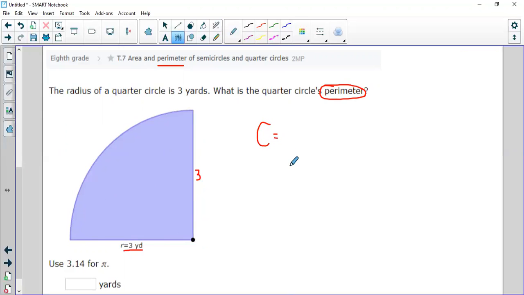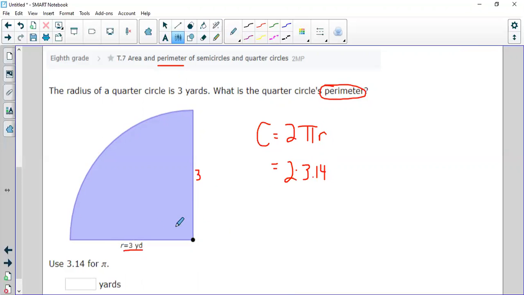So circumference is equal to, there's 2 different formulas. One uses radius, one uses diameter. Well, this problem gives me radius, so I'll use the 2 times pi times radius formula. You can use either formula depending on whether you're given a radius or given a diameter. So that'll be 2 times 3.14 for pi.